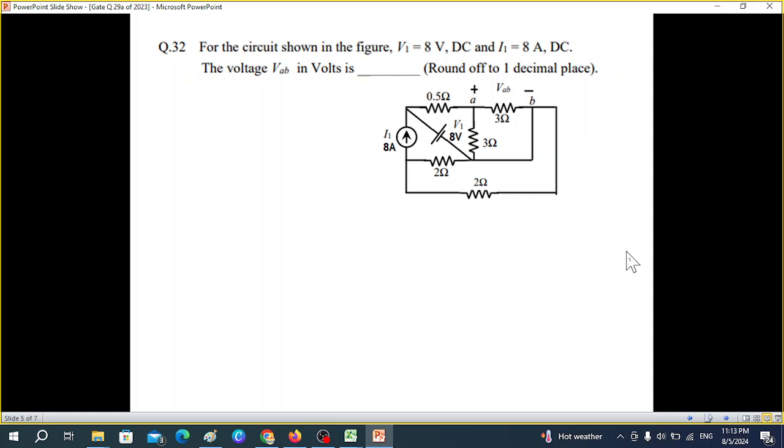Now, I'm sure those who are preparing for the exam must look for the shortcut method. But first of all, immediately in at least my mind, it came that if there is a voltage source and there is a current source, then we can use the superposition theorem. So many of you might think on that line. So let's see what is the effect of this.